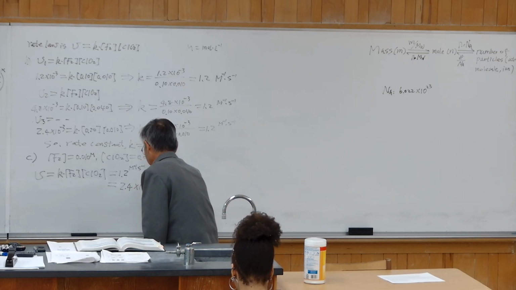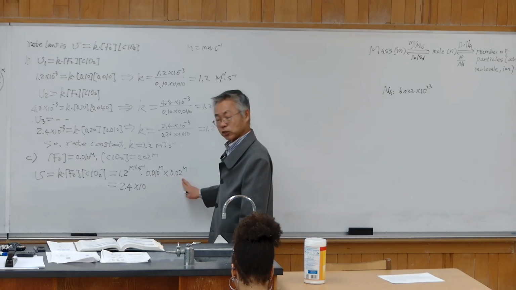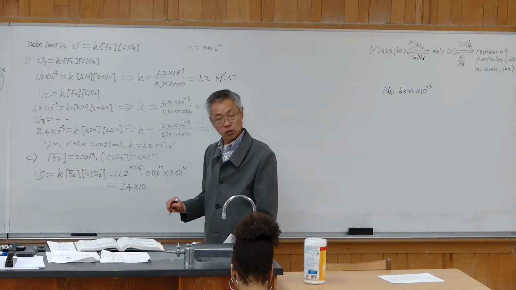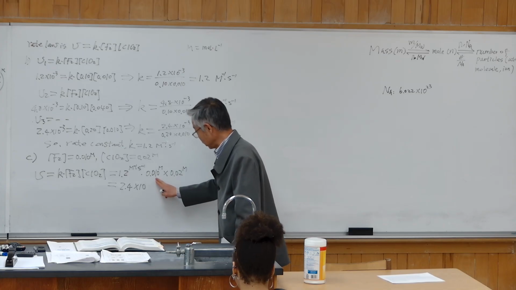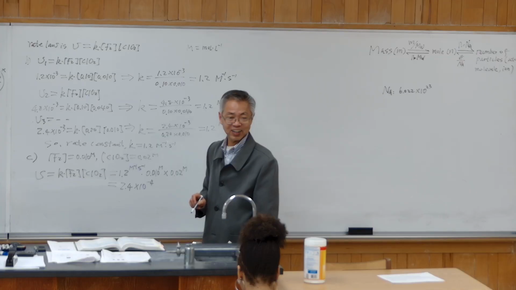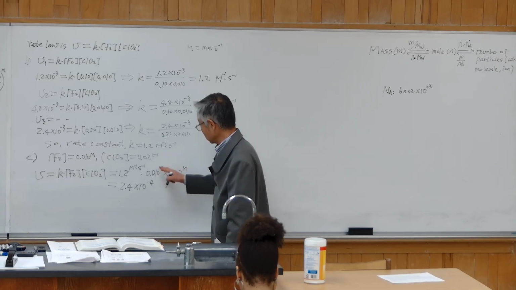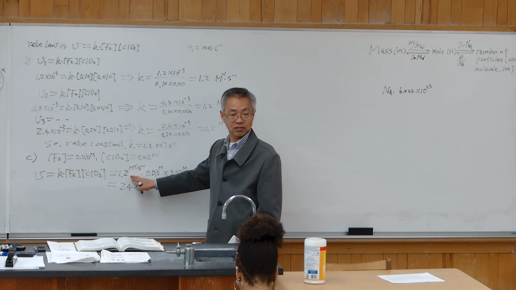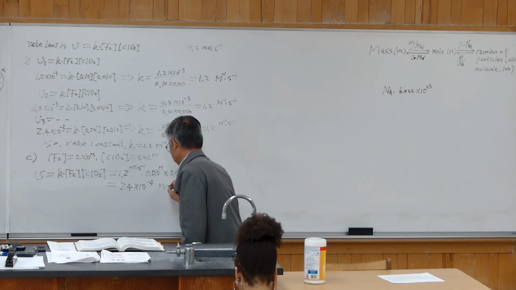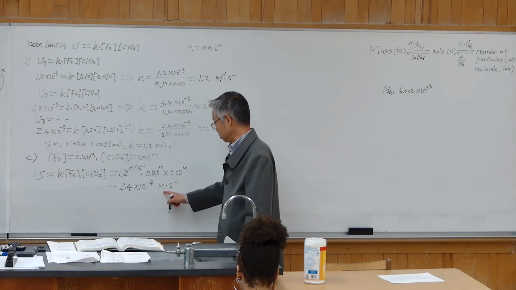Then 0.01 is 10 to the negative 2, and this is also 10 to the negative 2. The 2 we already combined with 1.2. So 10 to the negative 2 times 10 to the negative 2, total 10 to the negative 4. The unit: this molar cancels the per molar. The leftover is molar per second. Yeah, molar is the concentration and per second gives the rate.